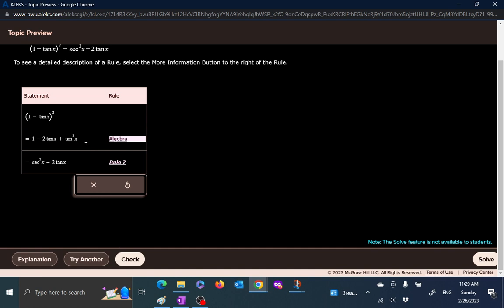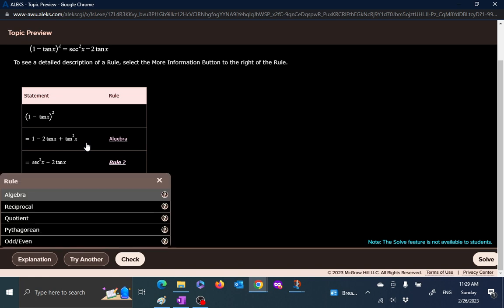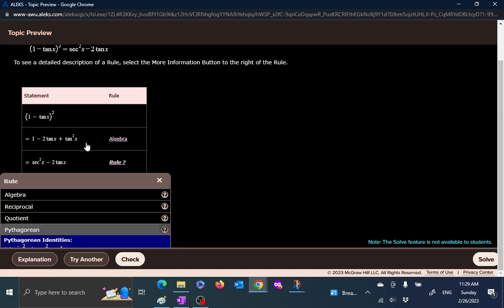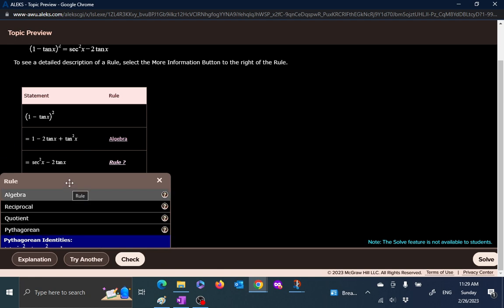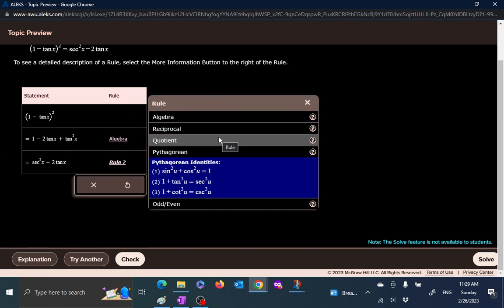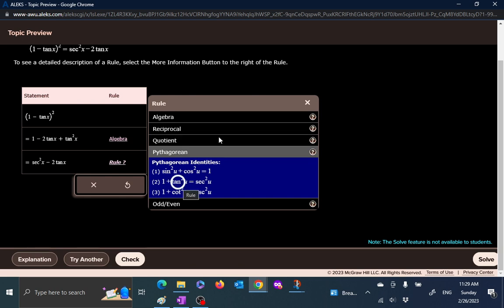Now how about from that one to the next one? We look at this and say, well, tangent of x is being kept, and we have 1 plus tangent squared of x replaced by secant squared of x. Which one of these rules is that? Well, of course, that's a Pythagorean identity, because 1 plus tan squared is secant squared, and that is what has happened here. 1 plus tan squared has been replaced by secant squared.